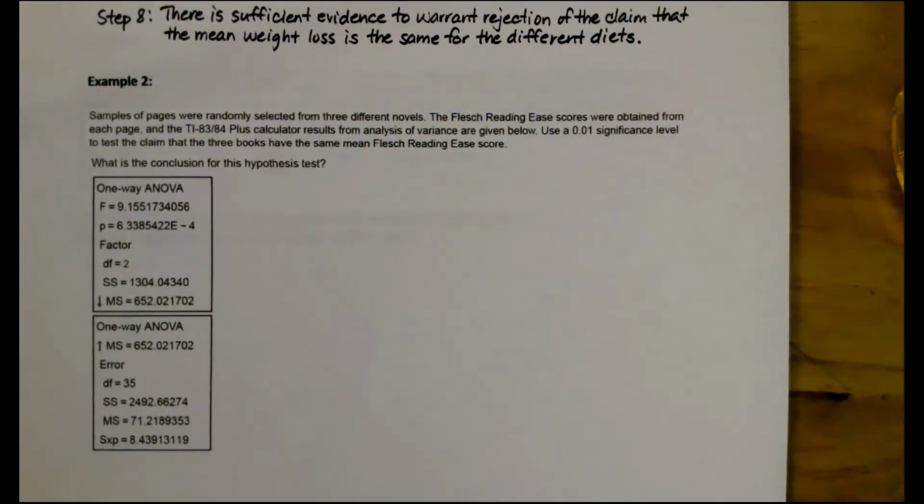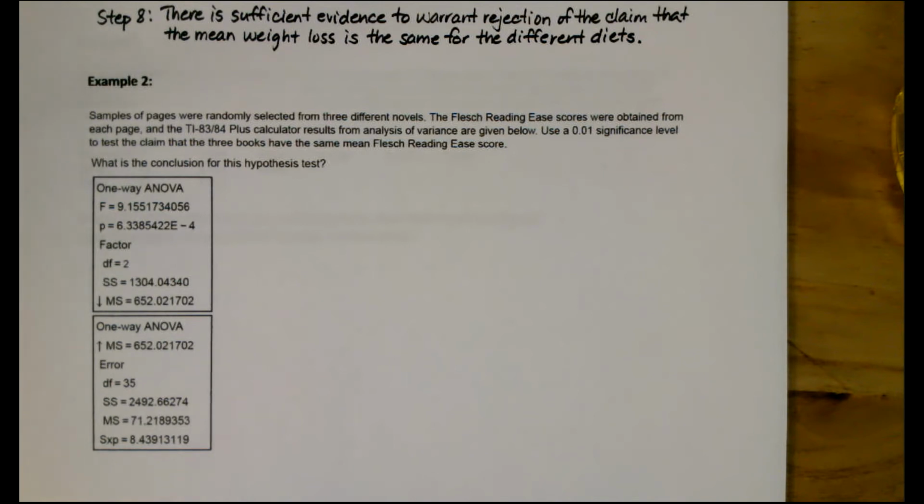Is this. Samples of pages were randomly selected from 3 different novels. The Flesch reading ease scores were obtained from each page, and the TI-83/84 Plus calculator results from analysis of variance are given below.